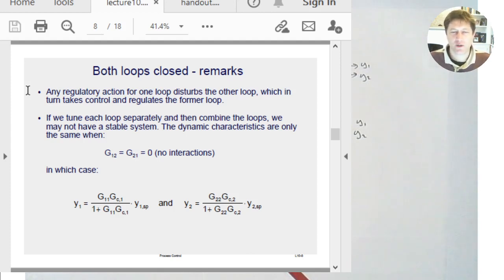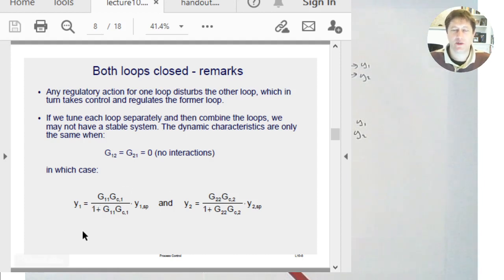The first way, I'll just say it because it's trivial, is that if G12 and G21 are equal to 0, then of course we don't have a problem. So if they're equal to 0, we don't have any interaction between the F1 input and the Y2 output, for example.